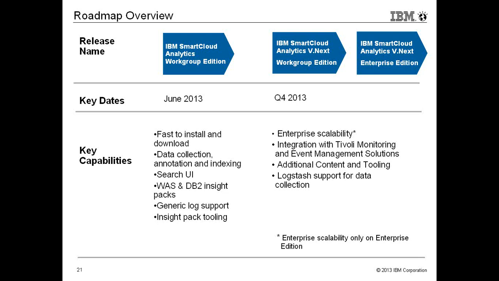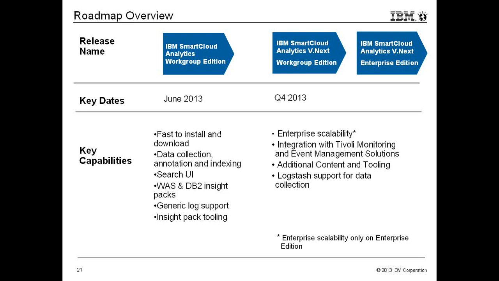Essentially, the first workgroup edition is built for providing quick value to customers, and it can support up to 20 GB of data ingestion per day. We're currently working on providing enterprise scalability, and we're also working on tighter integration with some of our own monitoring and event management solutions.